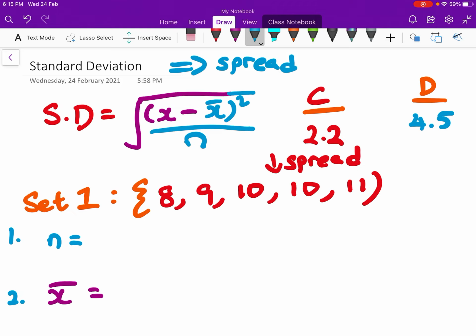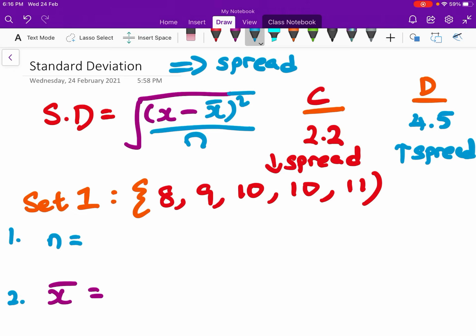The spread is bigger. Another word they like to use in EMATS is consistent. If my standard deviation is low, I'm more consistent. If my standard deviation is high, I am less consistent.